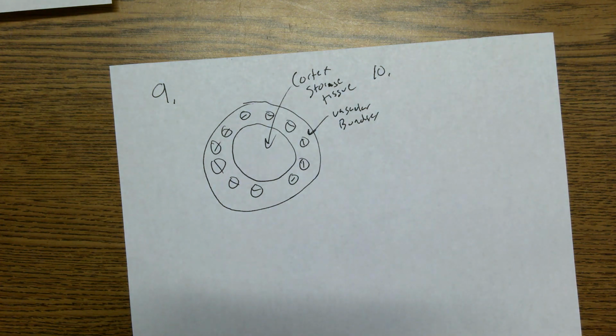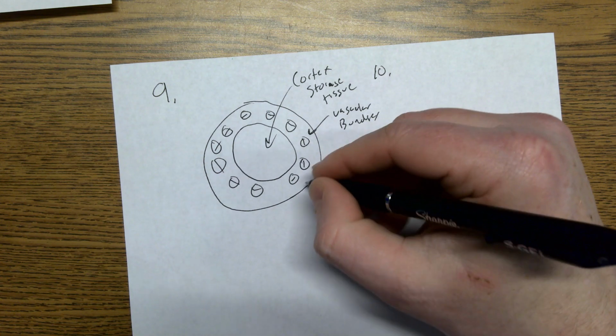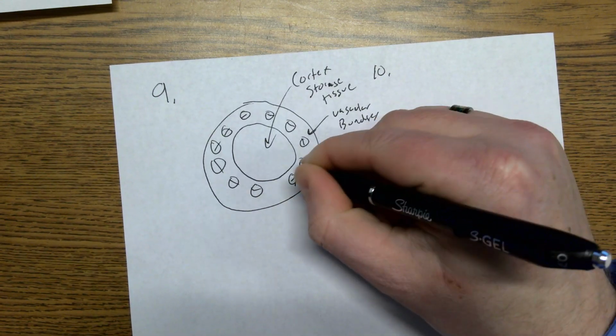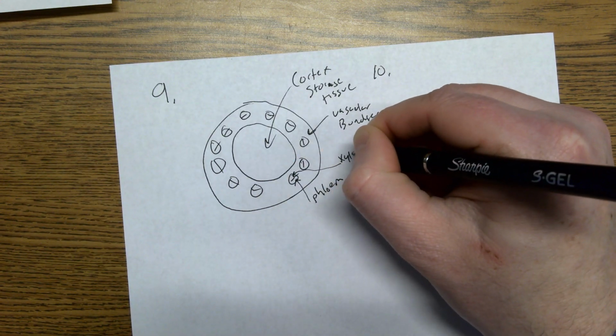Inside the vascular bundles, you have both xylem and phloem. Once again, if you're in HL, you should understand why xylem and phloem are together. Typically the phloem is on the outside and the xylem is on the inside of the bundle.